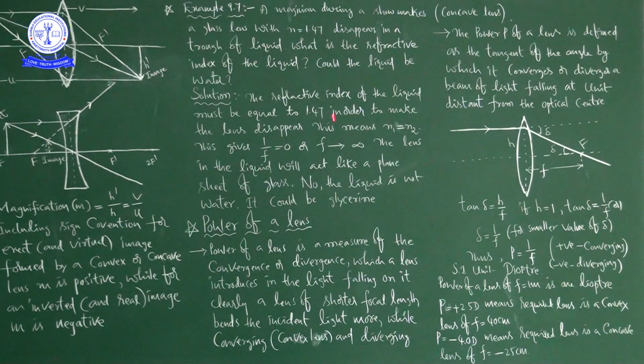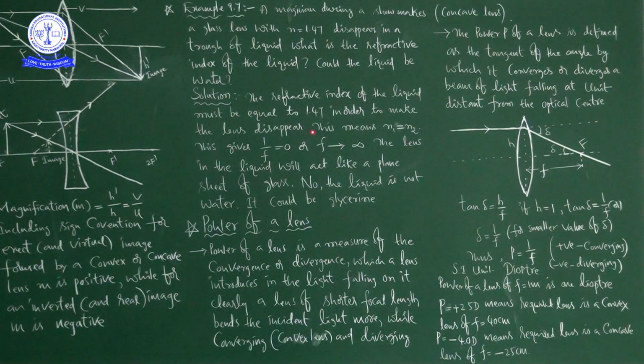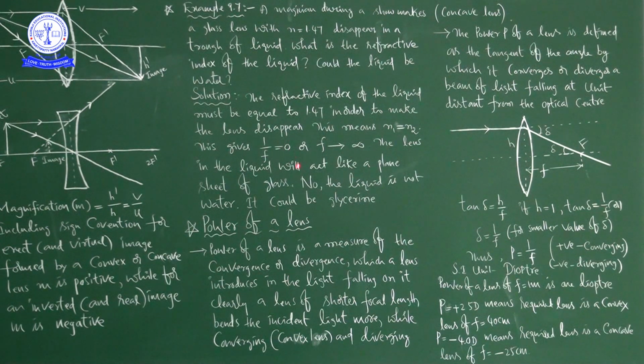Now see the solution. The refractive index of the liquid must equal 1.47 in order to make the lens disappear. This is the conclusion. So for the lens to disappear when kept in a liquid, the refractive index of the liquid must be equal to 1.47, that is n1 is equal to n2.